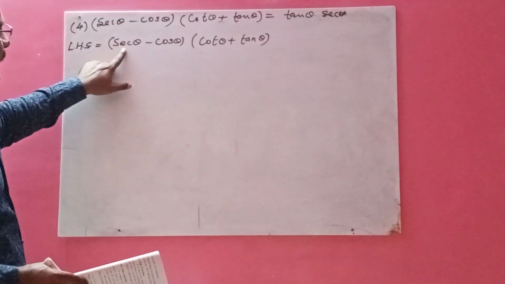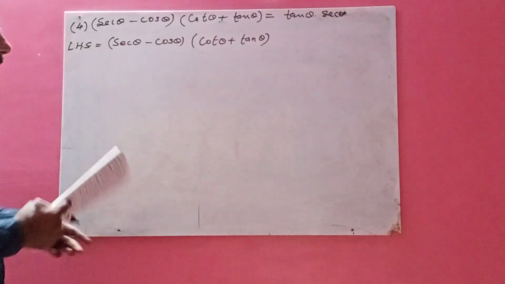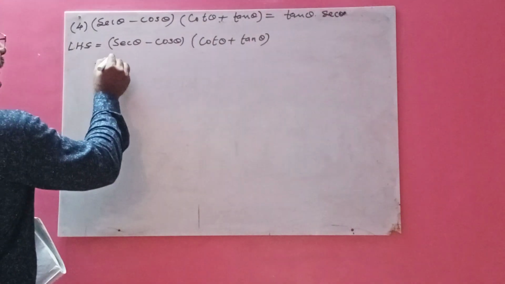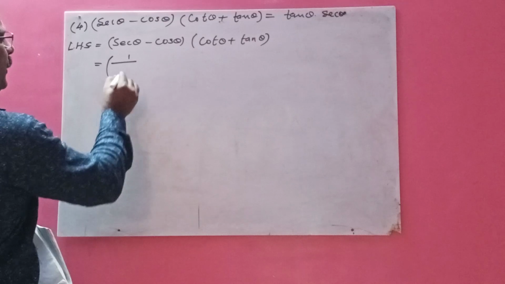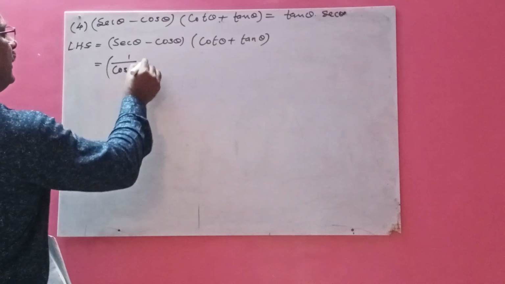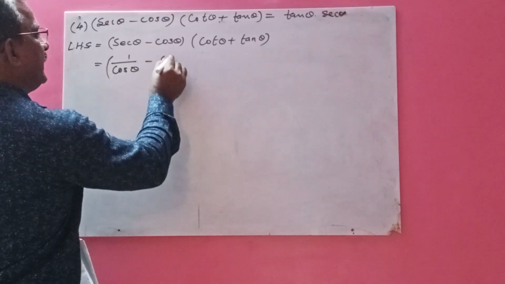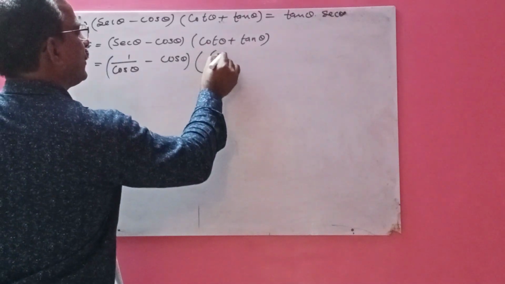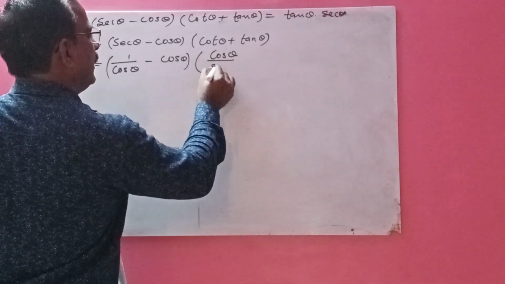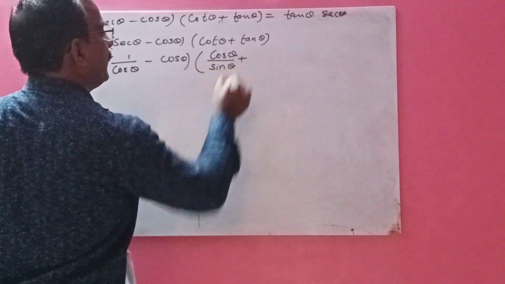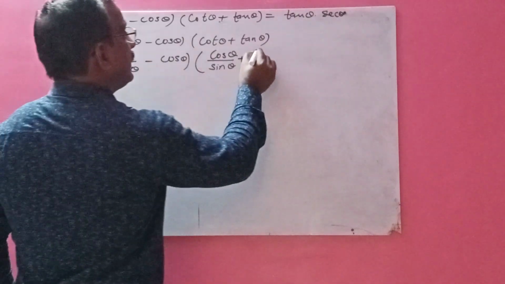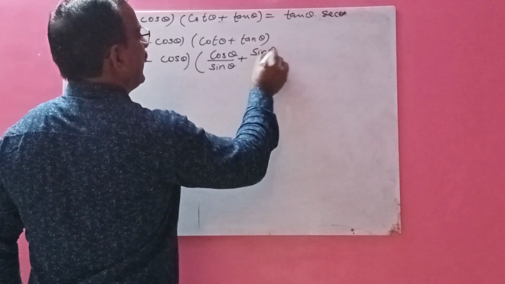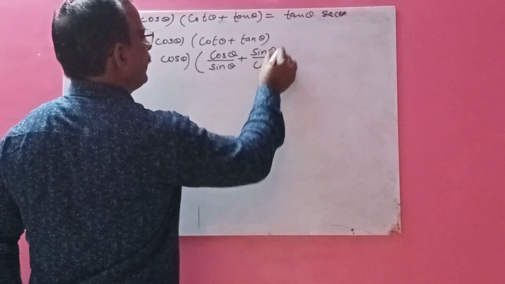So convert this sec into cos: it is 1 upon cos theta. Cos write as it is. This cot can be written as cos theta upon sine theta, and tan theta is sine theta upon cos theta.